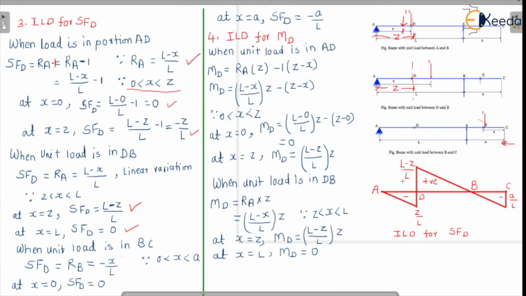So RB is equal to minus X by L, and this X is varying between 0 to A. When X is equal to 0, shear force at D is equal to 0. And when X equals A, shear force at D is equal to minus A by L.